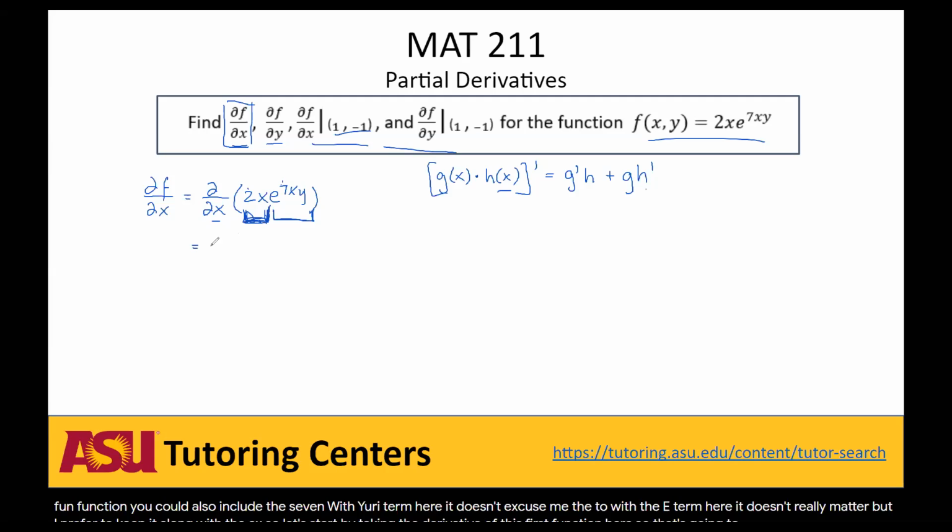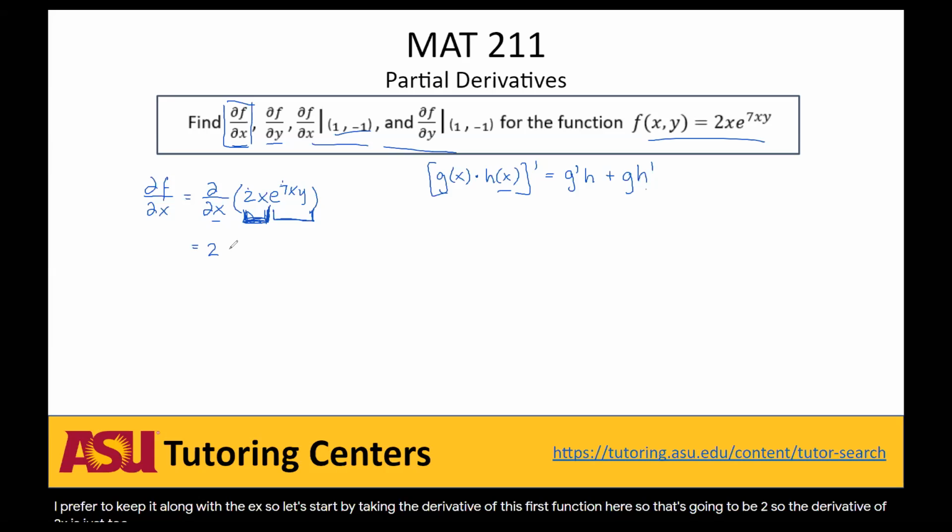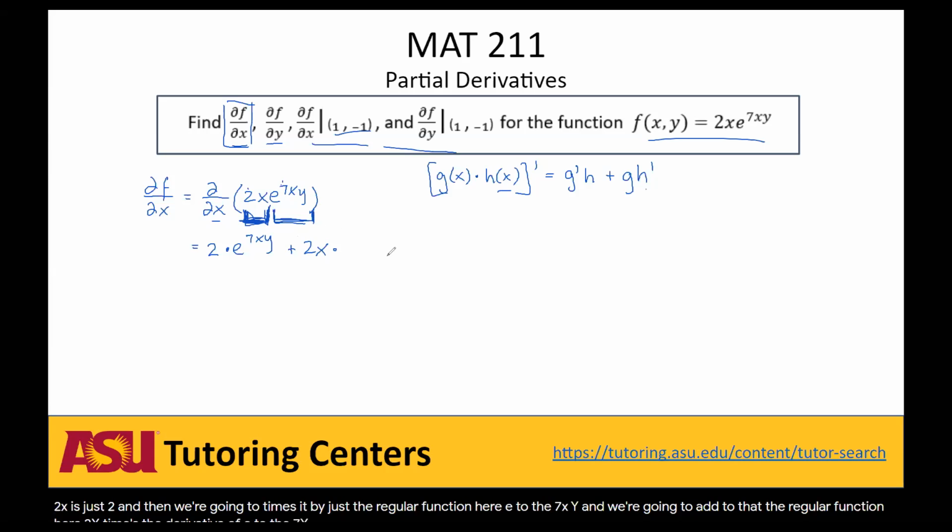So that's going to be 2. The derivative of 2x is just 2. And then we're going to times it by just the regular function here, e to the 7xy. And we're going to add to that the regular function here, 2x, times the derivative of e to the 7xy.